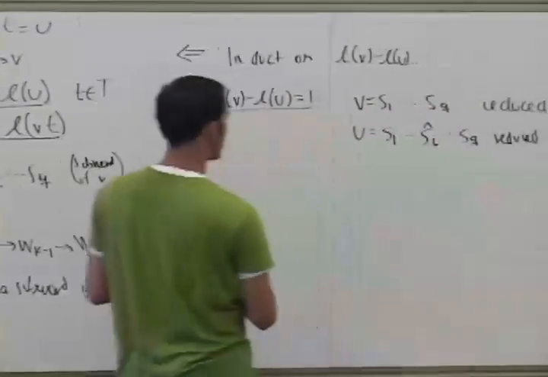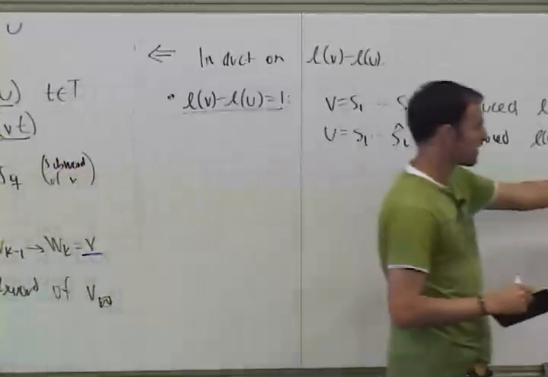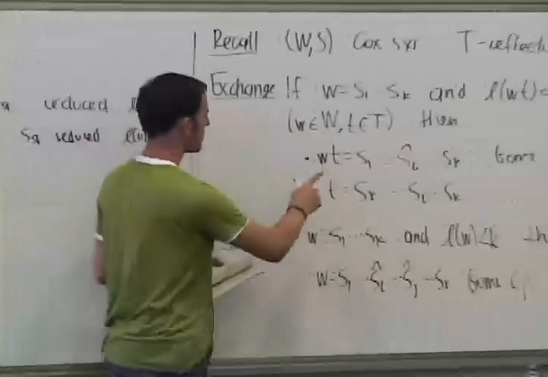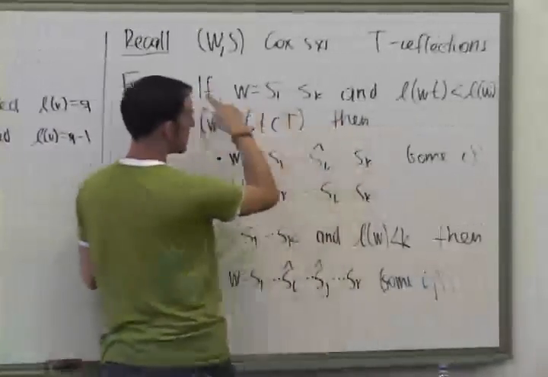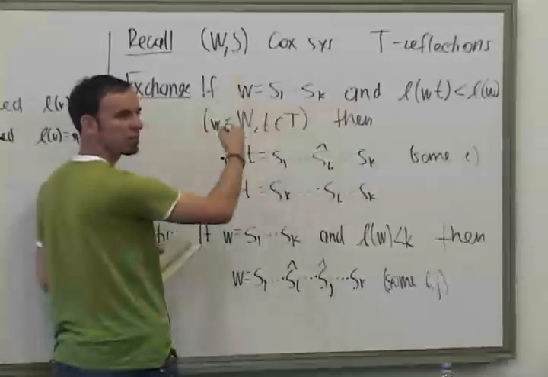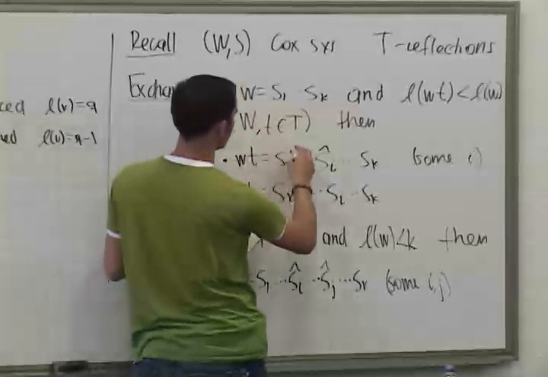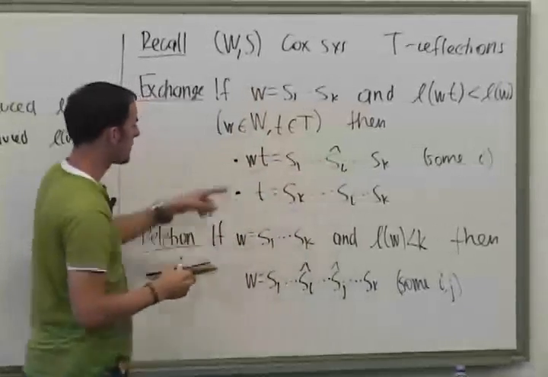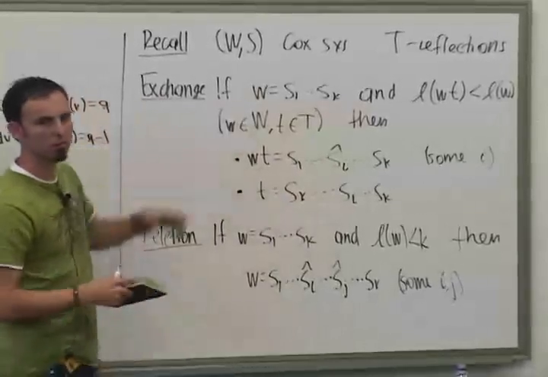Now, I think I can do that because this looks basically like this, right? Actually, if you remember, I should have said this, that this is not only an if, this is an if and only if. But so if I assume this, then I get this also.